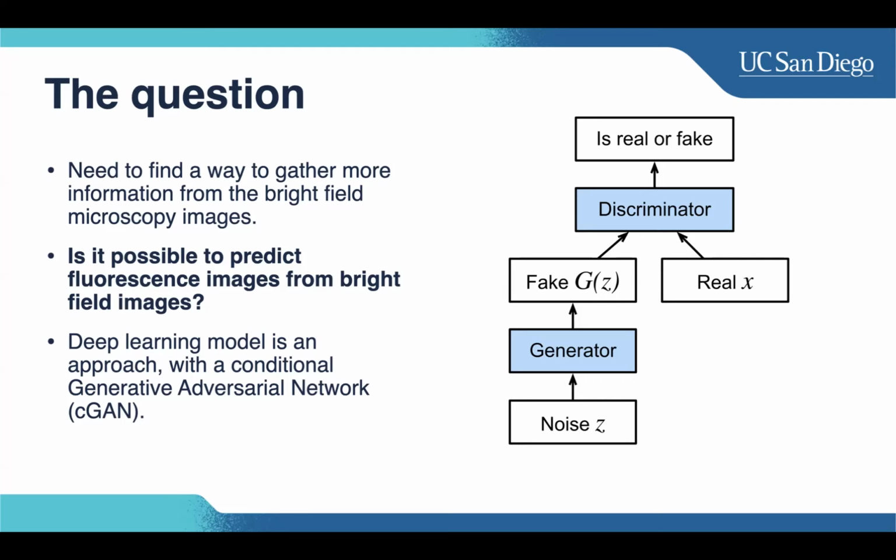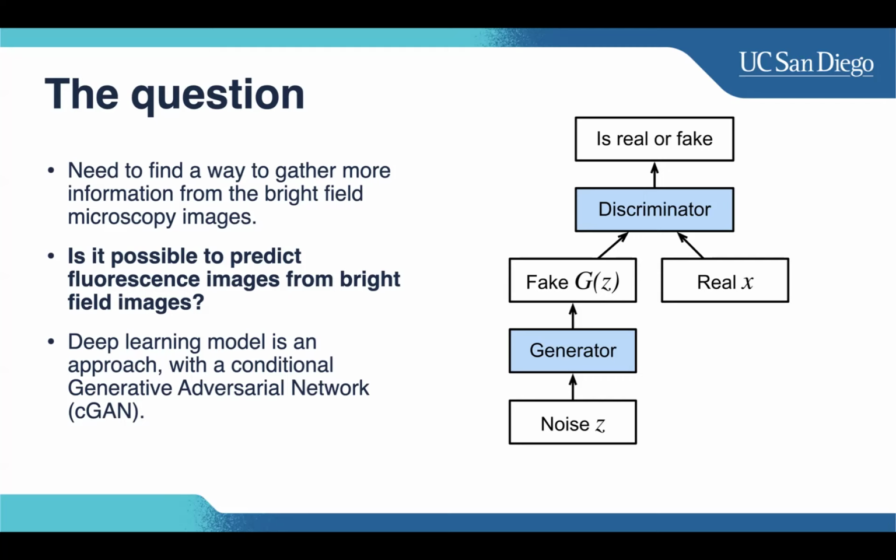A generative adversarial network is basically a deep learning model with two networks, a generator and a discriminator. The generator can create fake data, and the discriminator tries to detect the fake data. They are trained together to produce realistic outputs.